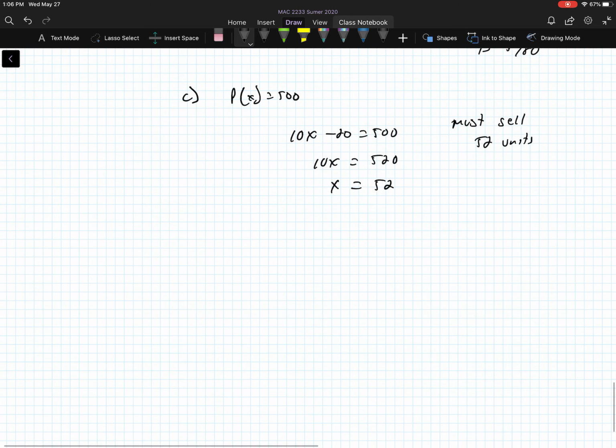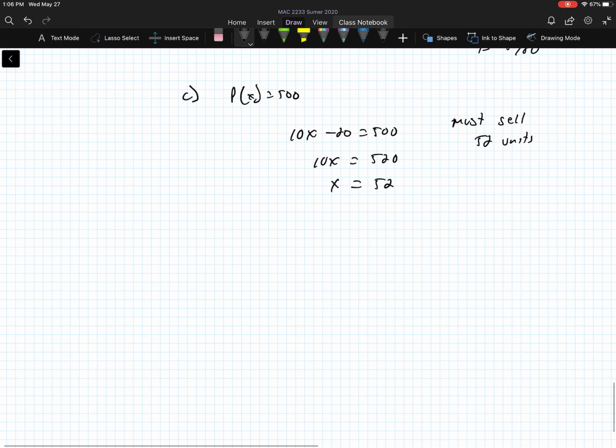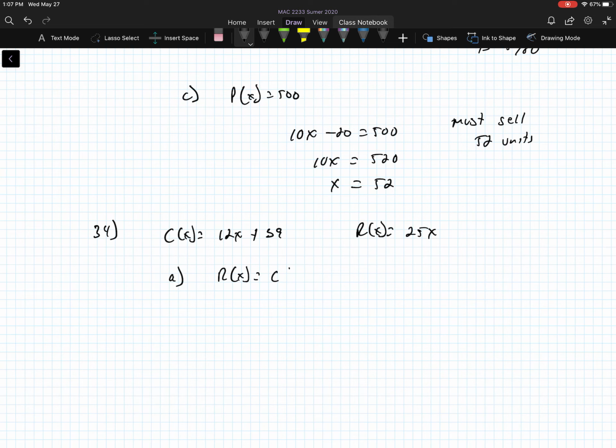Let's go ahead and look at 34, which is the same thing. And that would be the end of 1.2. So it says the cost function is equal to 12x plus 39. The revenue function is 25x. Find the break even.